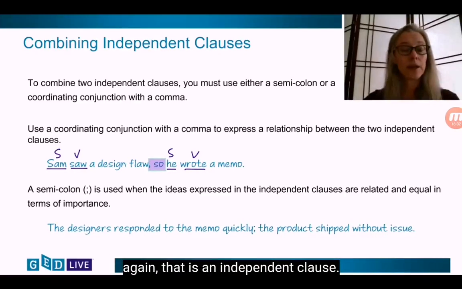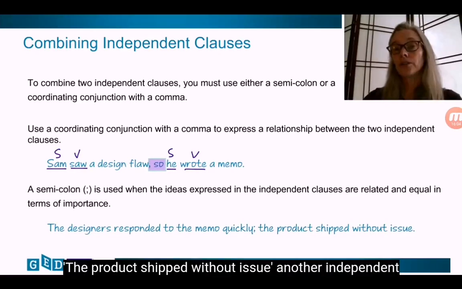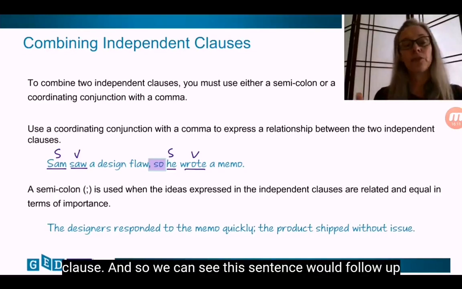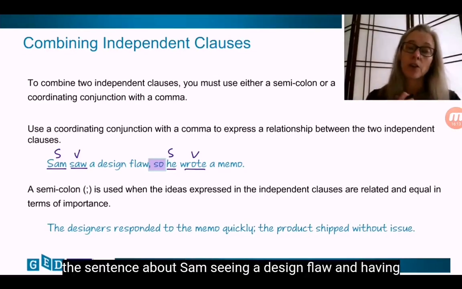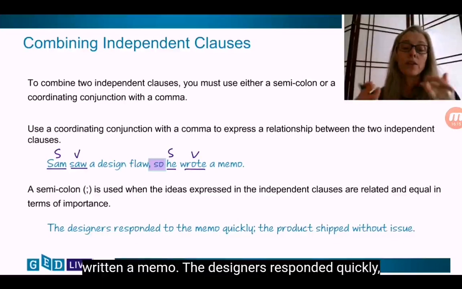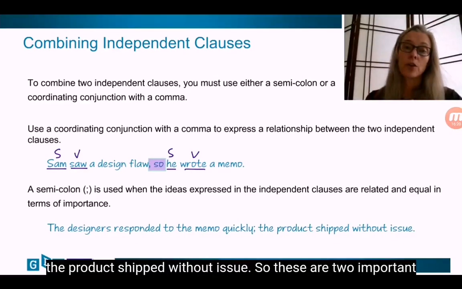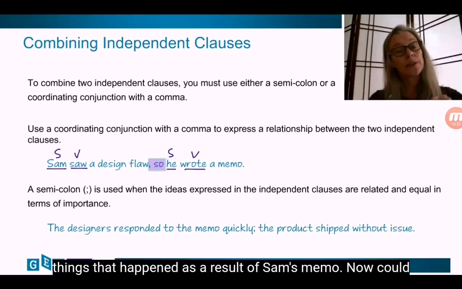Again, that is an independent clause. The product shipped without issue. Another independent clause. We can see this sentence would follow up the sentence about Sam seeing the design flaw and having written a memo. The designers responded quickly. The product shipped without issue. So these are two important things that happened as a result of Sam's memo.